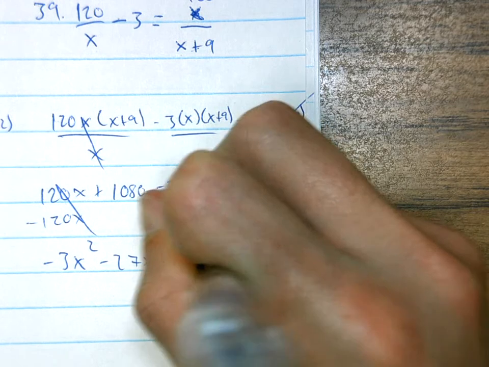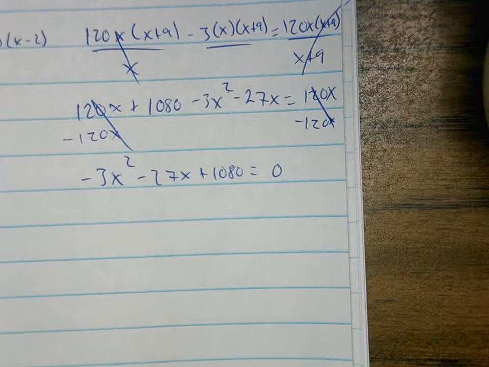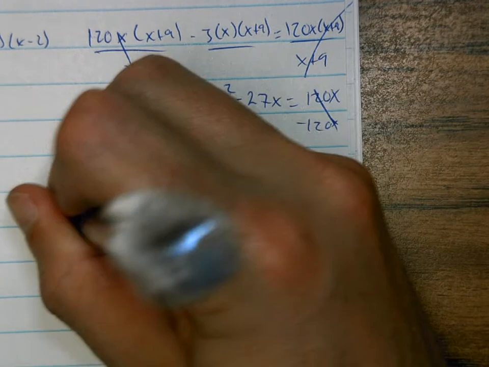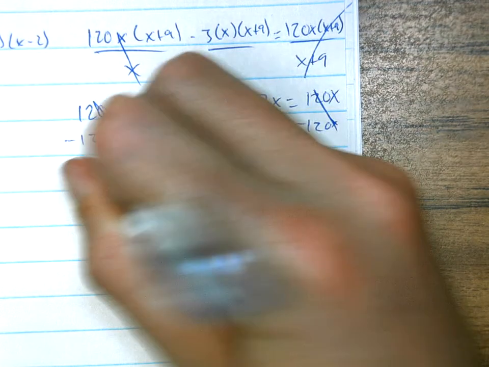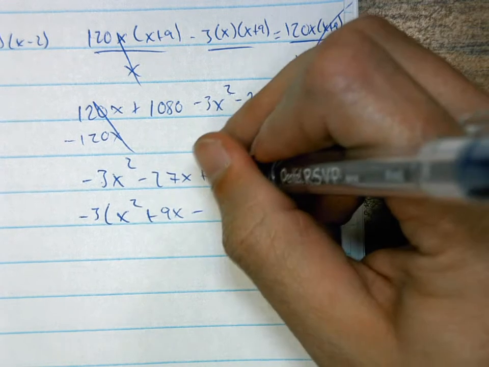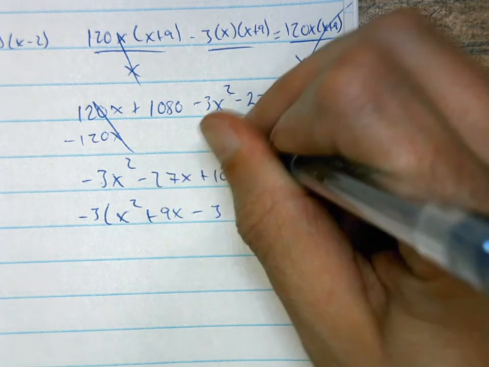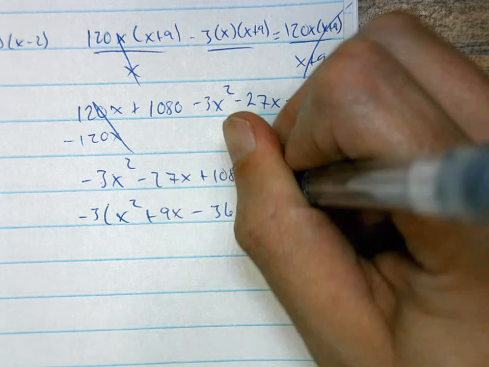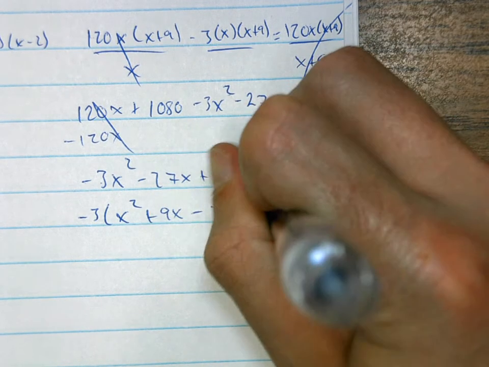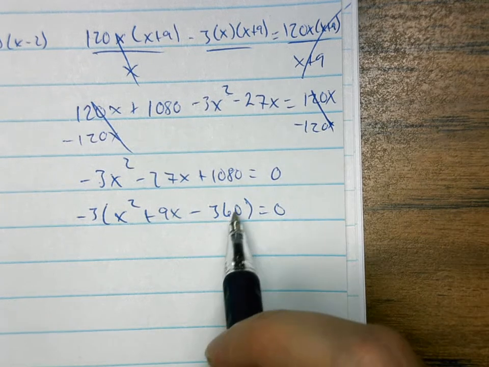I can factor a negative 3 out, so I'm left with x squared plus 9x minus 360. And I need to factor this, two numbers that multiply to 360 but add to 9.